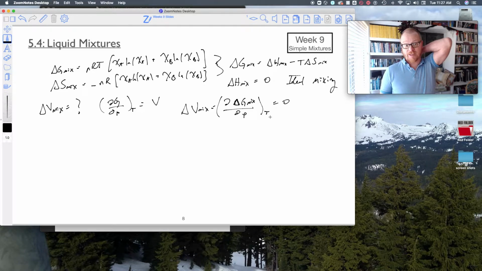When temperature is constant, R is a constant and n is a constant as well, so the whole thing drops out to 0.